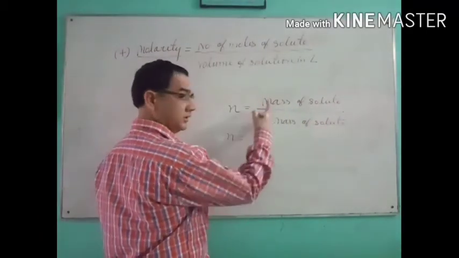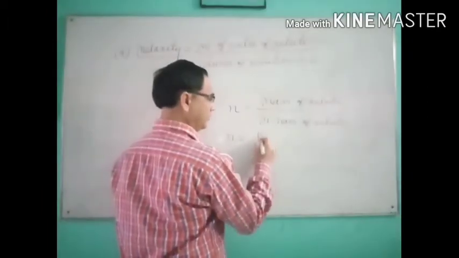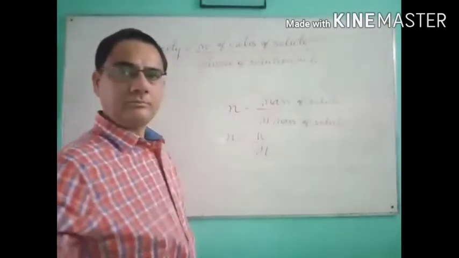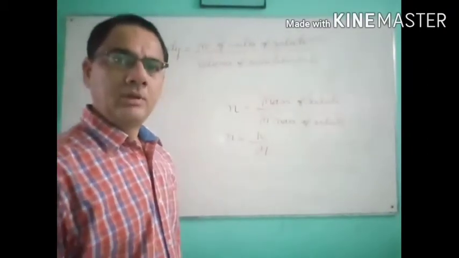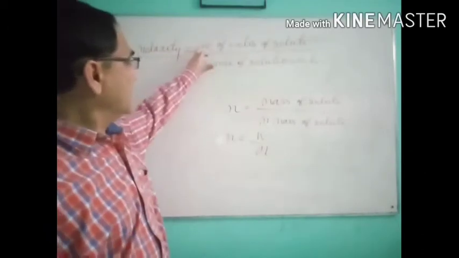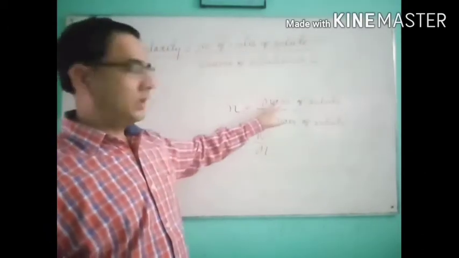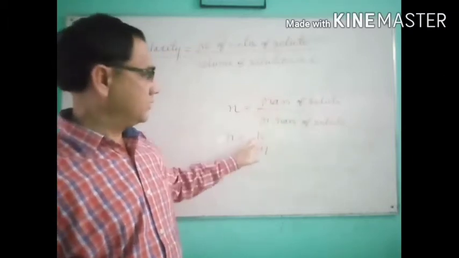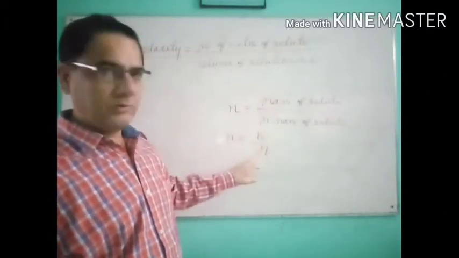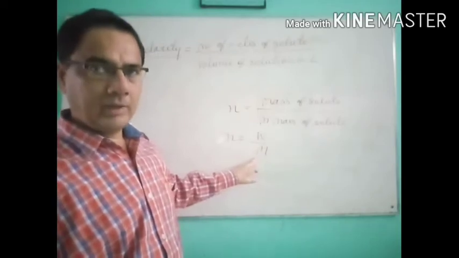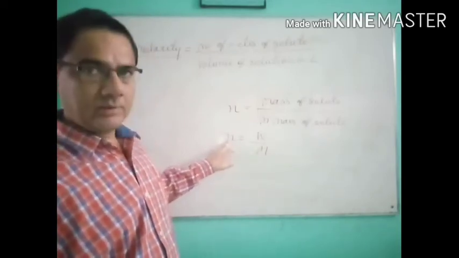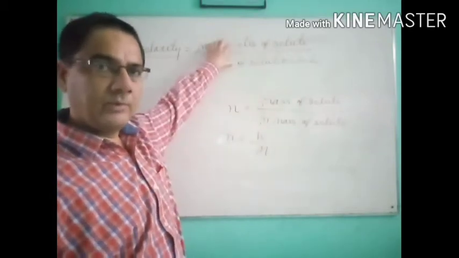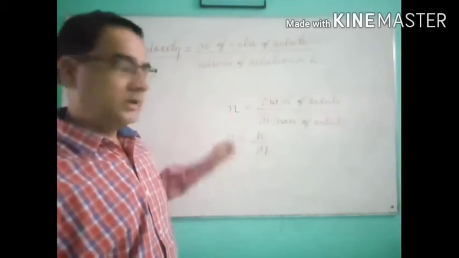Mass of the solute we denote by W, and the molar mass we denote by M. So see, number of moles is equal to the mass of the solute upon molar mass of the solute. Mass of the solute denoted by W, molar mass of the solute denoted by M, and easily we can calculate the number of moles. Now this value of the number of moles we put in the formula. Then what will be the overall formula to calculate the molarity?